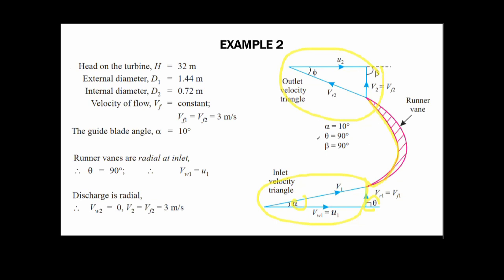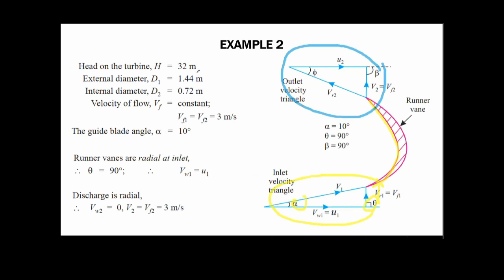And draw your velocity triangles in one diagram. I don't want you to just draw the inlet at some place and the outlet velocity triangle at some other place. Draw the vane and sketch the velocity triangle at the inlet and then at the outlet. That is how we practice.